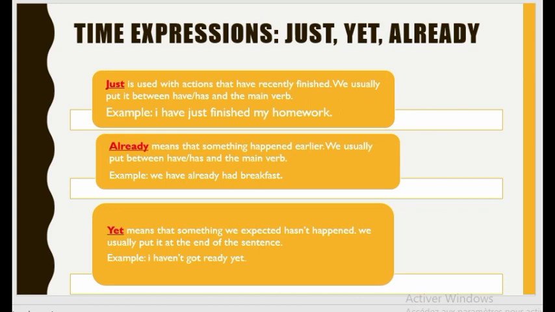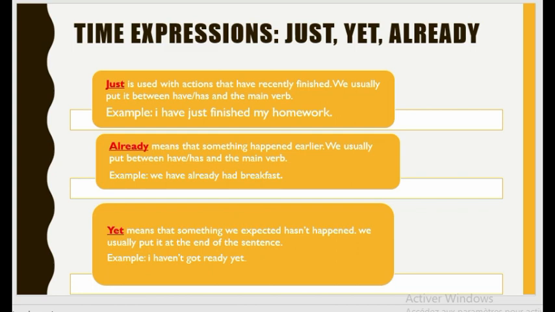Already means that something happened earlier. We usually put it between have or has and the main verb. For example, we have already had breakfast. So we, the subject, have and already. So already is between have and the main verb.